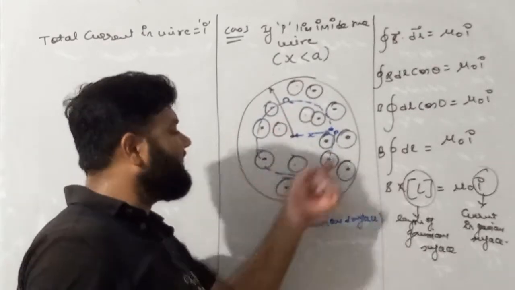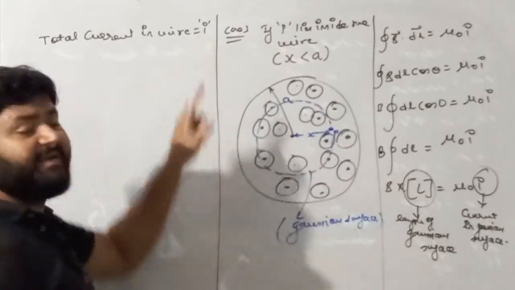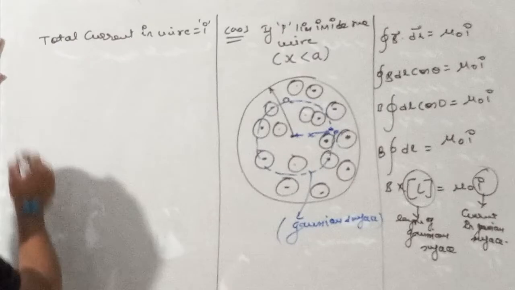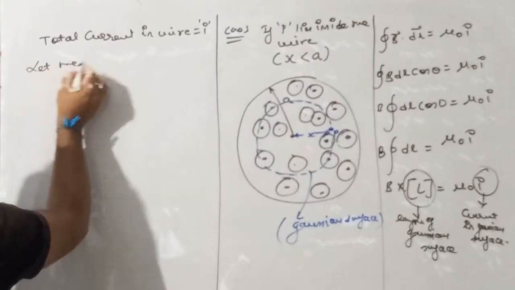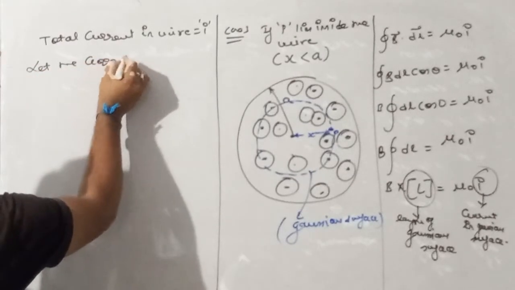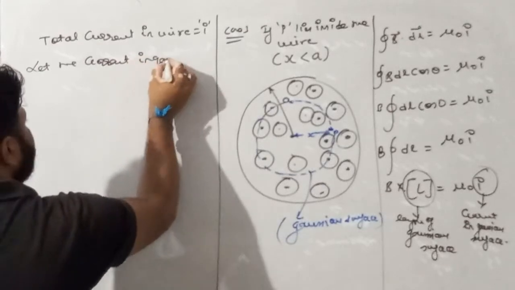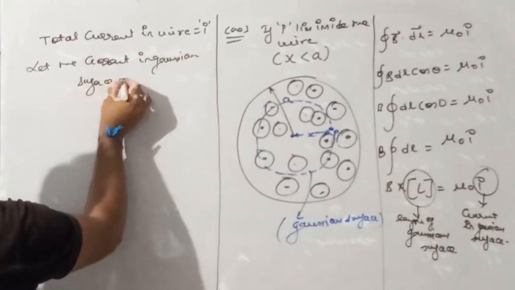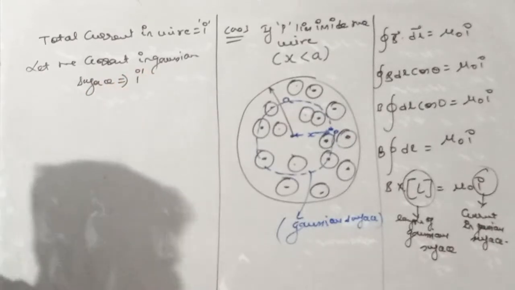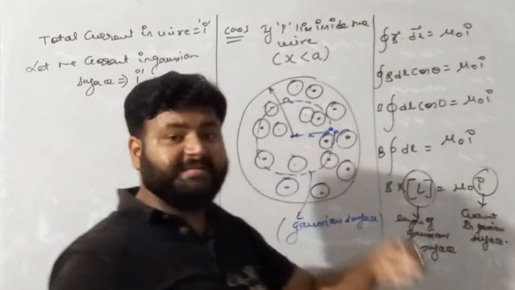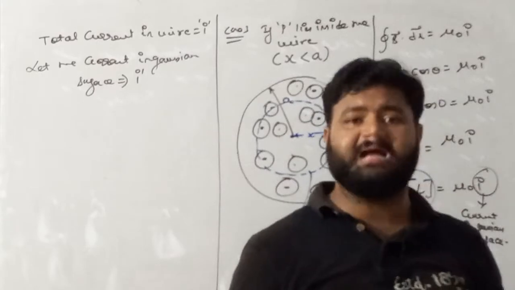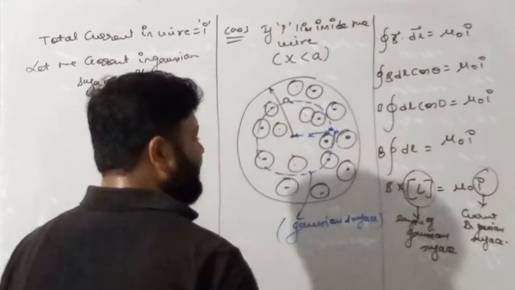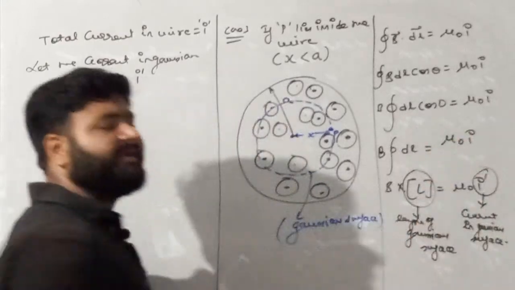So inside the Gaussian surface, the value of current is not I. It must be something else. So let the current in the Gaussian surface be I dash. Then in our formula it will also be I dash, because this I is nothing but the current in the Gaussian surface.